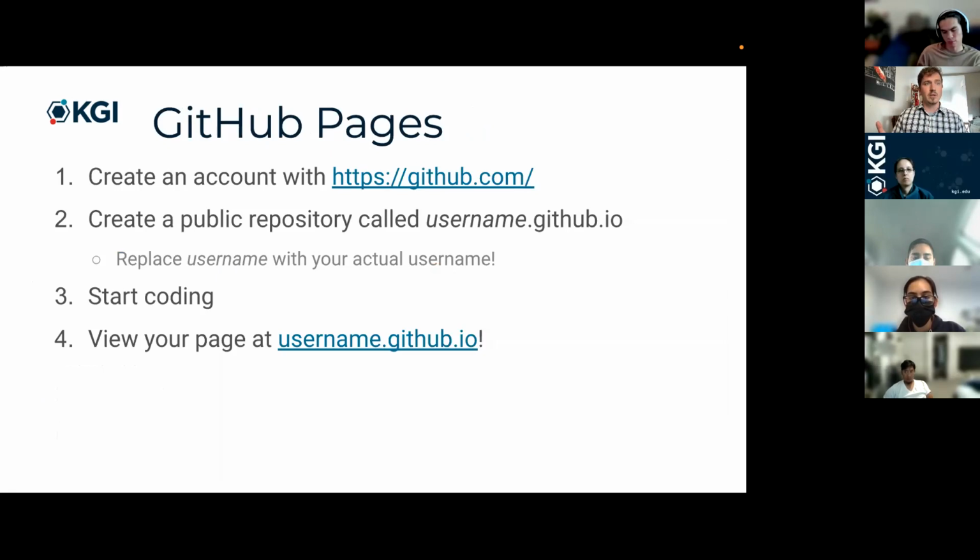Step one, we're going to use something called GitHub Pages, which is just kind of a nifty way. You don't need servers. You don't need any of that fancy stuff. GitHub will just host your website on the internet for you. And the cool thing is you'll be able to go to your page at username.github.io, and you'll see your website is right there.